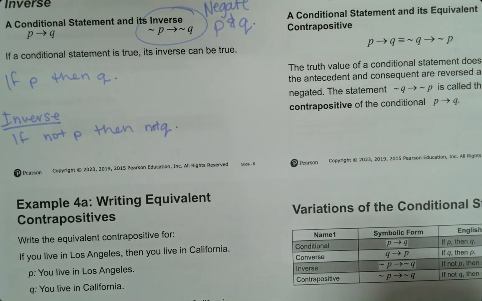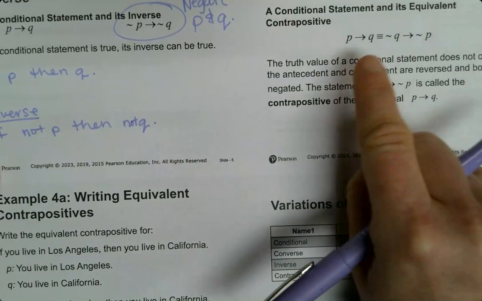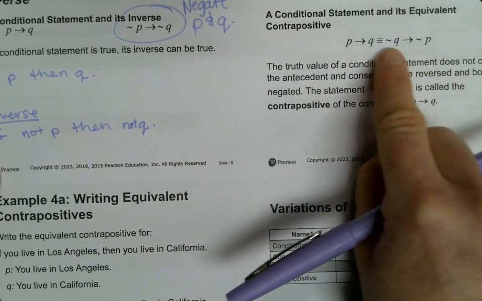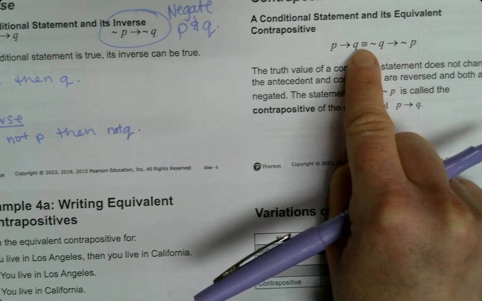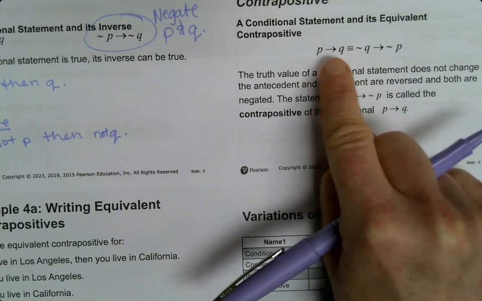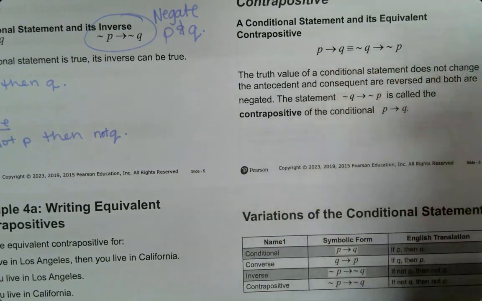Right. The contrapositive. The contrapositive and its conditional statement are equivalent. That's what this three little lines means. They are equivalent. They're always going to be true. If you do the contrapositive, see how they're flipped and they're negated.